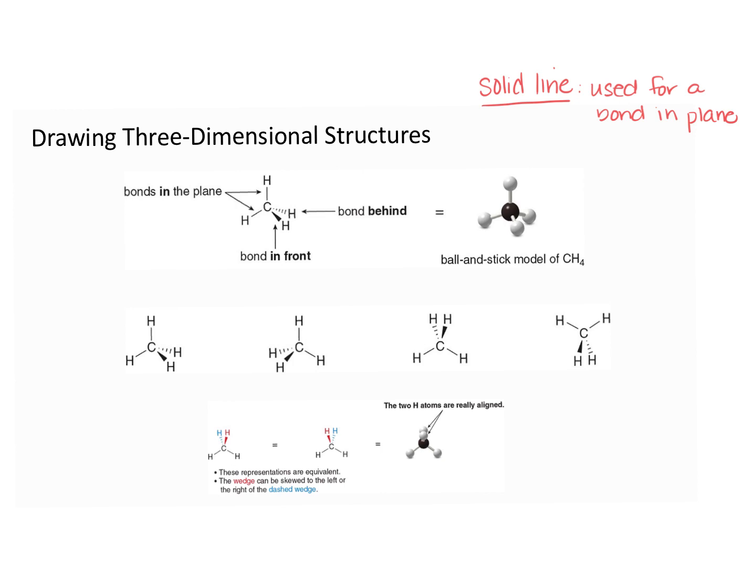Then what you're going to see here is a wedge. And the wedge is used for a bond in front of the plane. So that's kind of sticking out, like heading towards you.